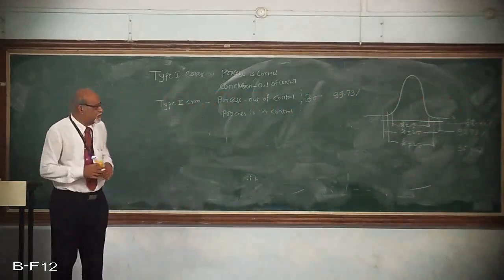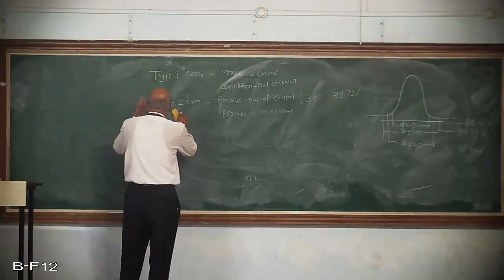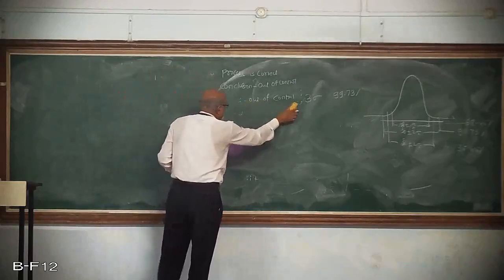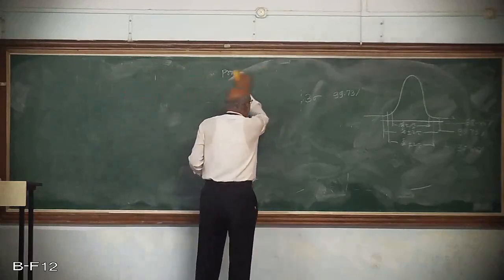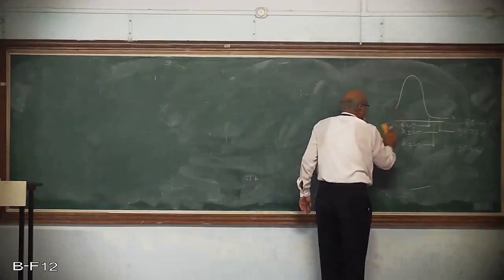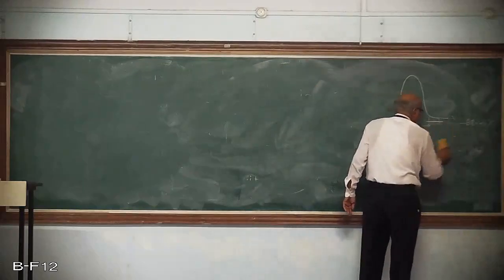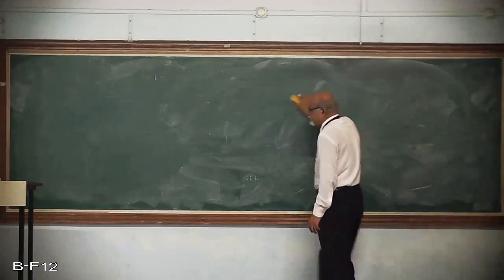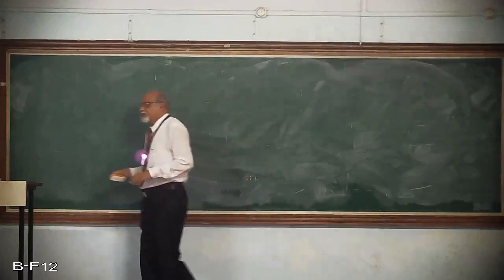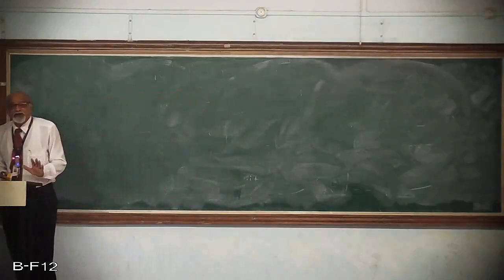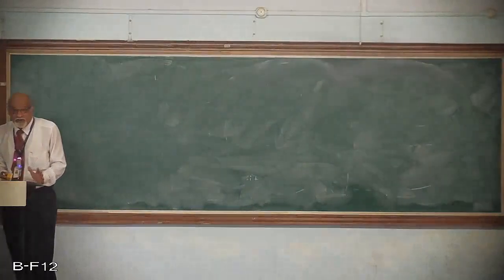Now, in yesterday's class, that is where I had stopped, so I just repeated that. Now, we'll see what the control limits are for the P chart, NP chart, C chart, and U chart. First, I will discuss that, and then we will randomly select a problem. Then you should be able to identify which control chart for attributes is to be applied.